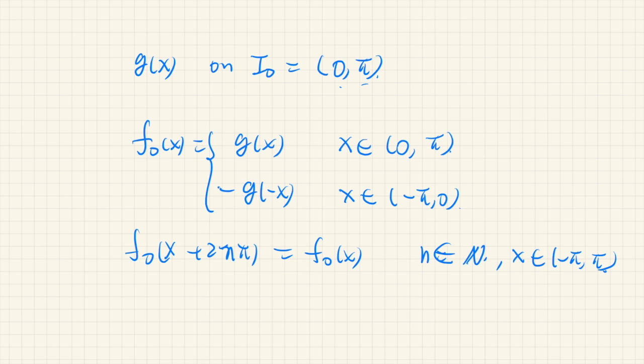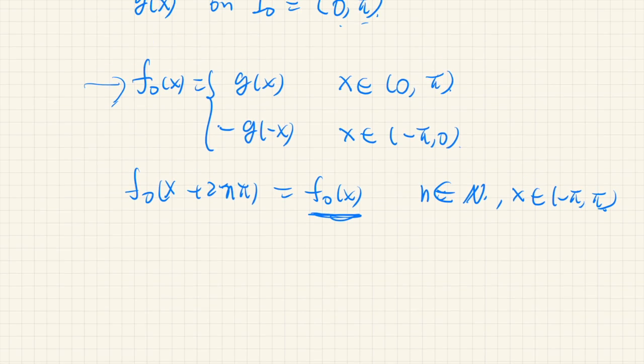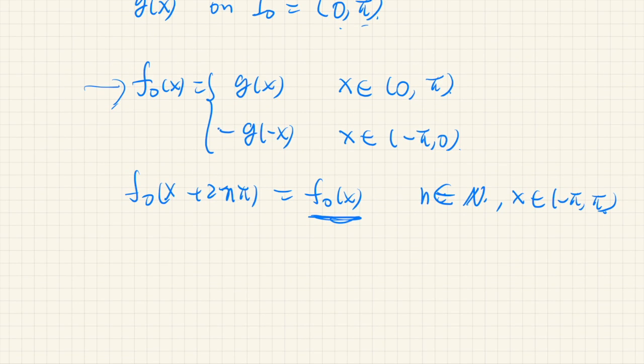So for this one, we use this definition. In this way, we can define an odd periodic function with period of 2 pi.